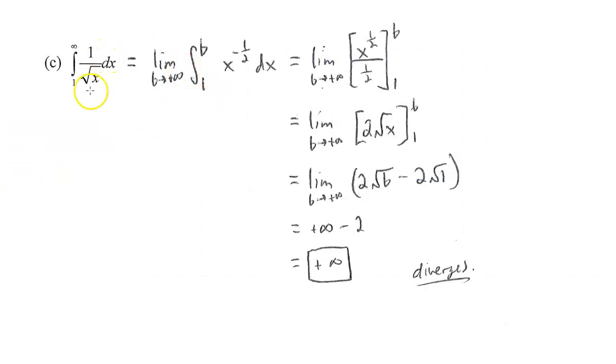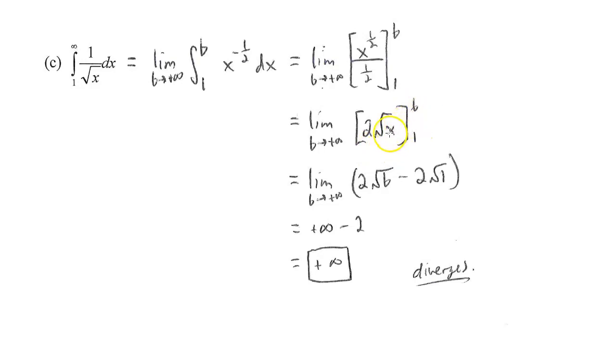The integral of 1 over the square root of x is like integrating x to the negative 1/2 power, because x to the negative 1/2 is like 1 over x to the positive 1/2, in other words, 1 over the square root of x. We're integrating from 1 to b and taking the limit as b approaches infinity. The integral of x to the negative 1/2 would be x to the positive 1/2 over 1/2, in other words, 2 times x to the 1/2, or 2 times the square root of x.